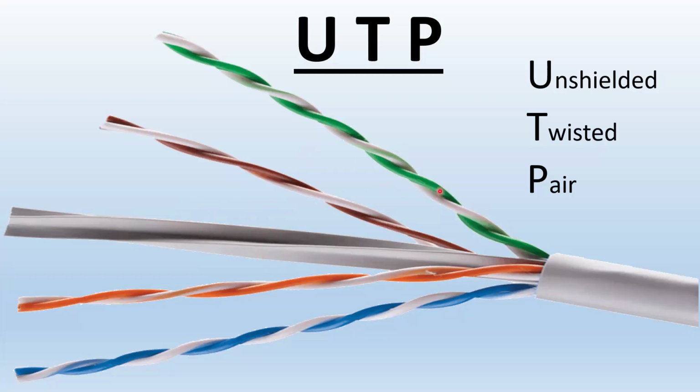But if you twist that pair, then sometimes the magnetic field is going to point this way, sometimes the other way, and it's not going to have, as I say, accumulative power to affect the other pair. On top of that, you could see that each pair is twisted at a different rate. So there's even less chance of the accumulative power of the induction happening.